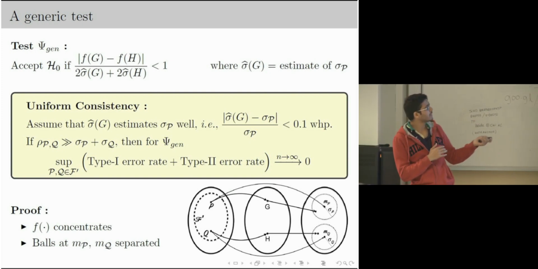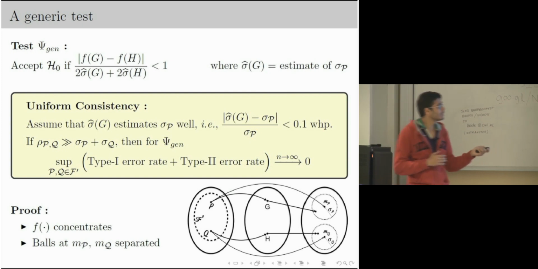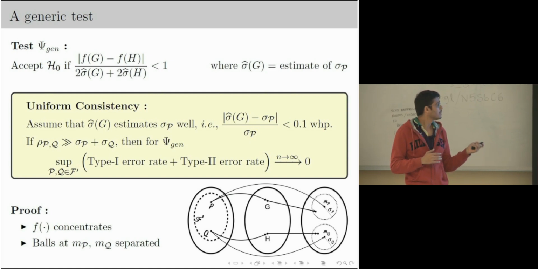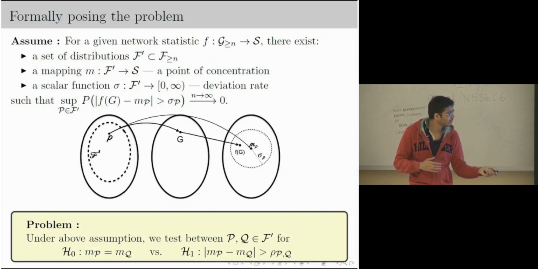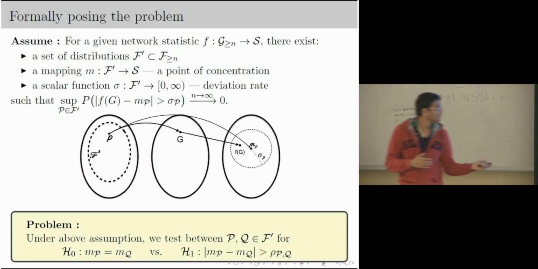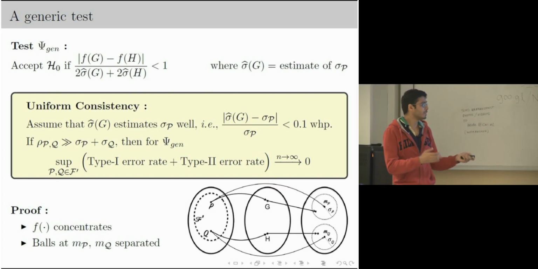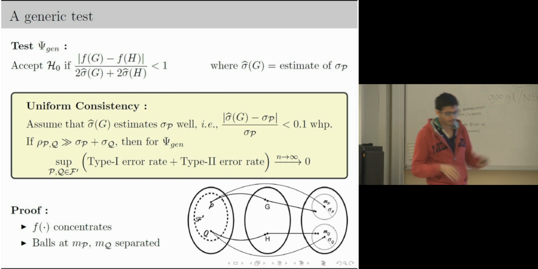That is, whenever you get graphs from this subclass of distributions, the error rate will go down to 0 as n tends to infinity, provided that this minimum separation rho grows faster than the noise level. So this is the rho that we had here. It grows faster than the noise level. And the proof is obvious. Basically, we are ensuring with this condition that the two balls are separated enough.